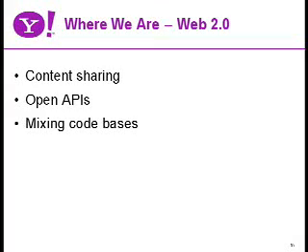Okay, so Web 2.0. These are the things that I hear about Web 2.0: more open and content sharing, APIs to help enable people to share content, people really starting to mix and match code bases to build really powerful, rich applications.